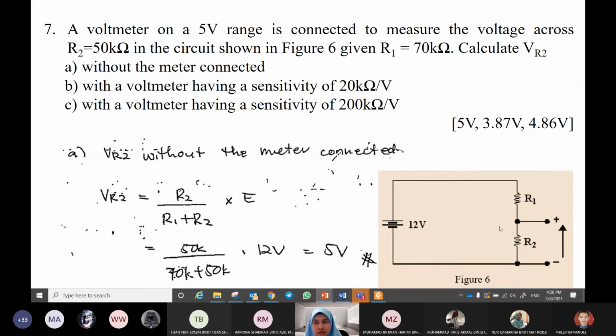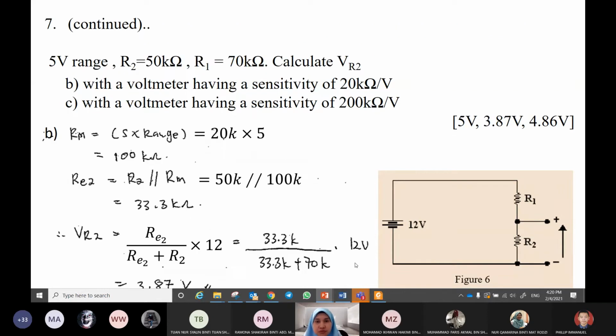Calculate VR2 without the meter connected, with a voltmeter having sensitivity of 20K, and with a voltmeter sensitivity of 200K. So first we find VR2 by calculation from theory. It is the actual value without the meter connected, and we get VR2 equal to 5 volts.